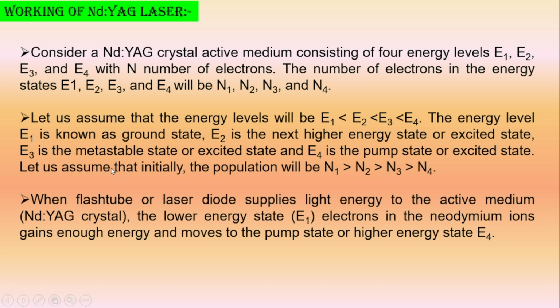Let us assume that initially the population is N1 > N2 > N3 > N4. When flash tubes or laser diodes supply light energy to the active medium Nd crystal, the lower energy state E1 electrons in the neodymium ions gain enough energy and move to the pump state, or higher energy state E4.